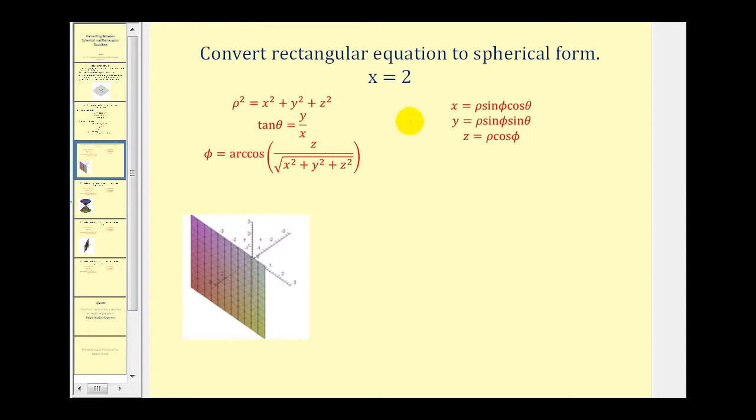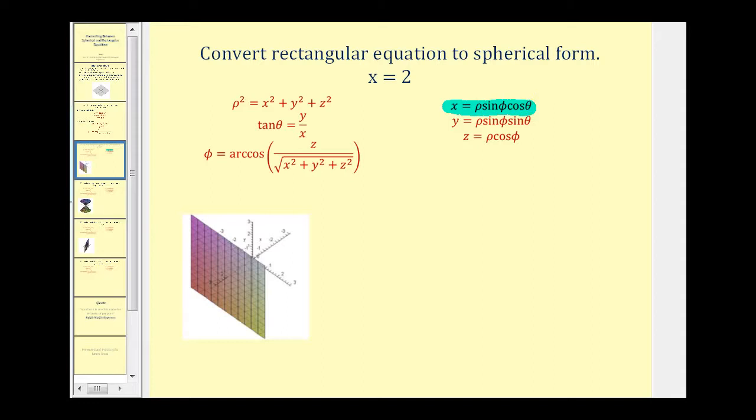Here we're given the rectangular equation x equals 2, and we want to convert this to a spherical equation. So remember, an equation in spherical form must only contain rho, theta, and phi, and it cannot contain x, y, or z. So if we take a look at these equations, we can replace x with rho sine phi cosine theta.